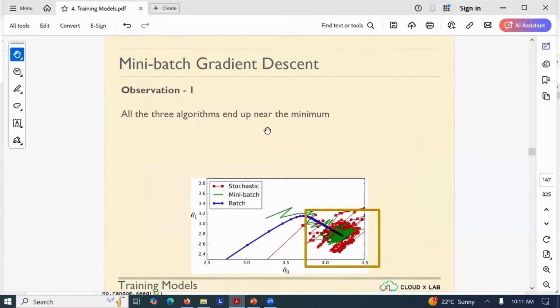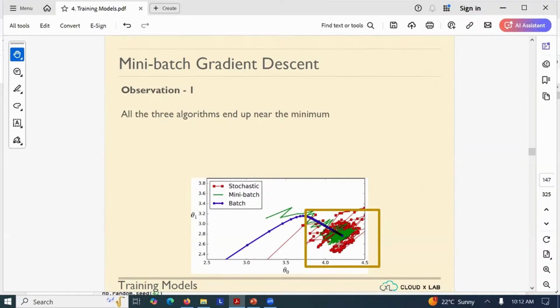Using all 3 algorithms, we end up getting the same solution, right? Again, this observation is only true for MSE loss, because there we will always get the unique solution. But if we are optimizing a function with several solutions, local and global, then we cannot say that every time we will get the same solution. In fact, different runs of the same algorithm can give different answers.